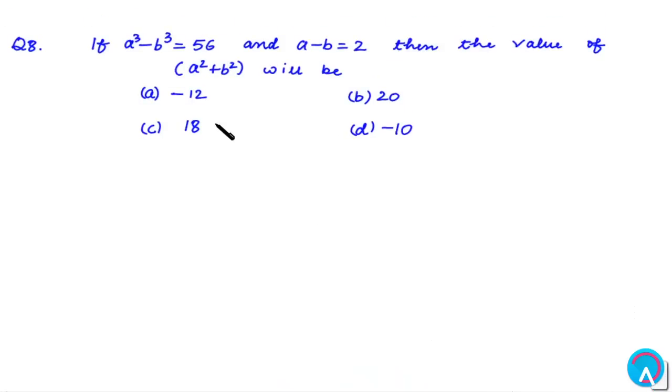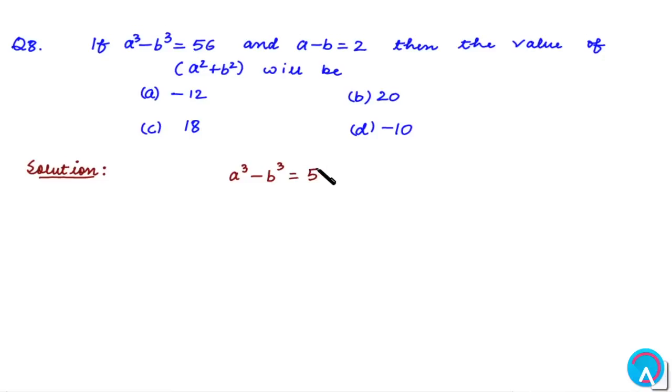Let's do question number 8. If a cube minus b cube is equal to 56 and a minus b is equal to 2, then the value of a square plus b square will be, these are the options. Let's see which is the correct option here. Let's try to apply some of the tricks we've learned in algebra. So it is given here that a cube minus b cube is equal to 56.